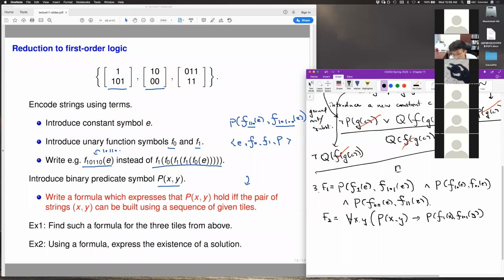That's because we can put this first tile at the beginning of the sequence. Also, we can generate F10 x and F00 y. That's because we can put this second tile at the beginning of the sequence. The same thing for the third.